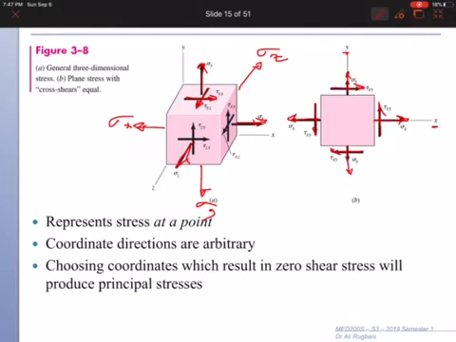So in y surface, shear stress in this case is trying to rotate the element clockwise. So for equilibrium, shear stress in y direction must always equal shear stress in x surface, but opposite direction.